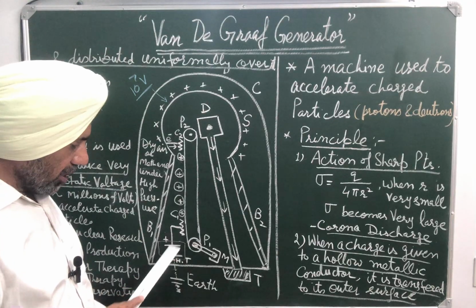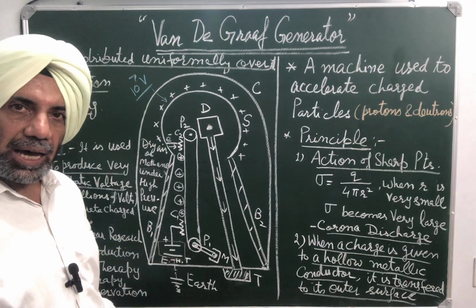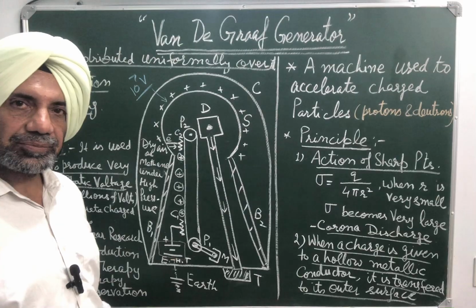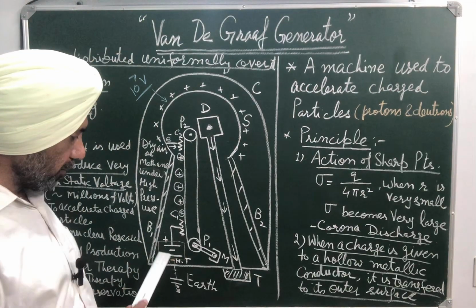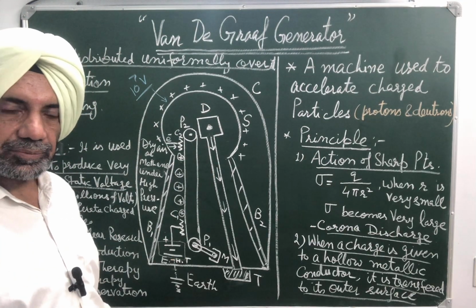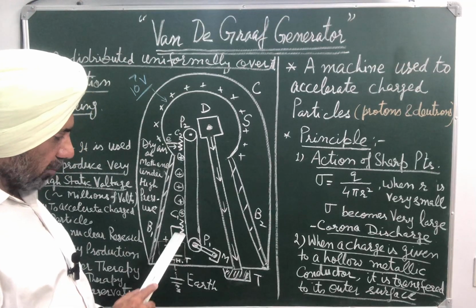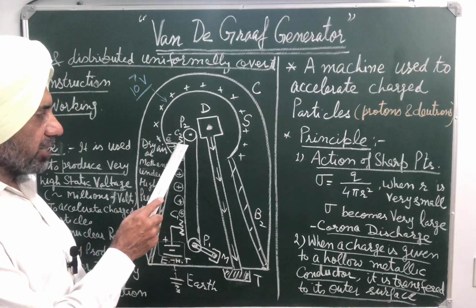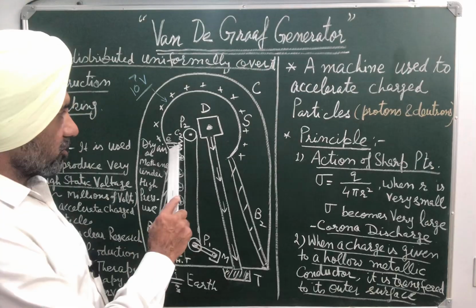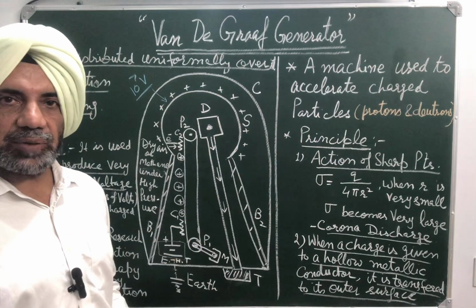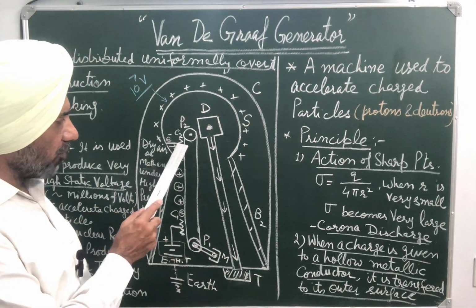C1 is connected to the positive terminal of the high tension source. C2 is connected to the metallic sphere S with the help of a conducting wire.